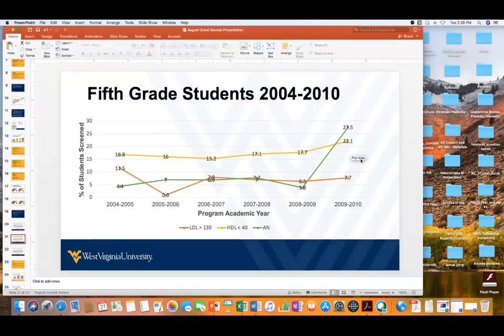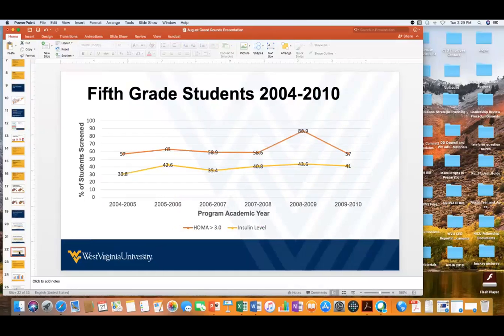Here's the proportion of 5th grade students screened who had abnormal. Green is AN, and it shoots up to 27.5 that last year. I think that might be a mistake, but I'm checking on that. And then LDL stays around 6.37% of the population screened.